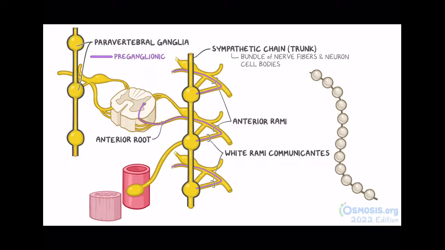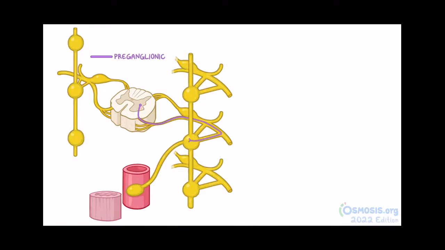Now, when the preganglionic fibers enter the sympathetic chain, there are 4 possible routes for these fibers to take to synapse with their postganglionic counterparts. First, a preganglionic fiber can enter and immediately synapse with the postganglionic cell body in the paravertebral ganglion at its respective vertebral level.